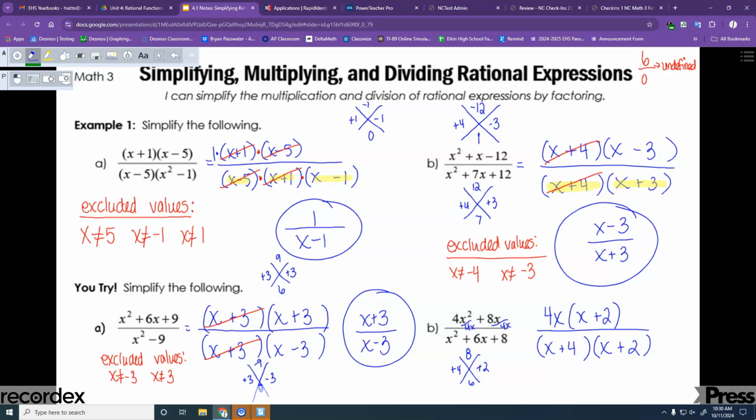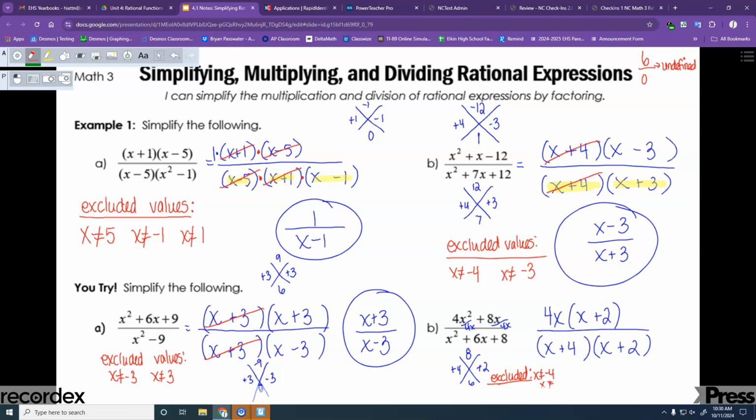Whenever Christian gets back, you can go. Alright, so I was about to cancel, but what do I need to do first? Excluded values. So I'm running out of room right here. Let's squeeze this. Excluded values. What are my excluded values? X cannot equal negative 4.